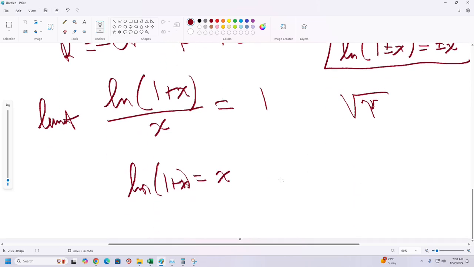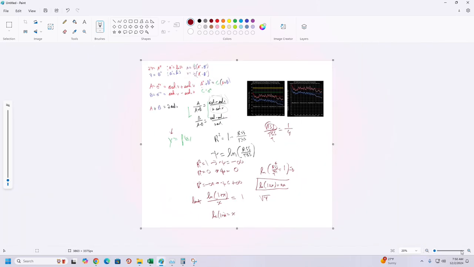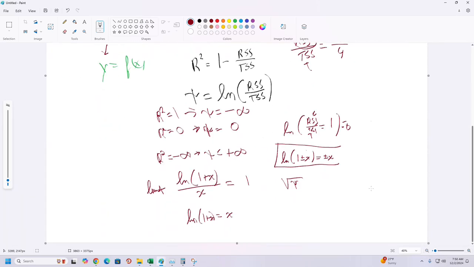Now, r squareds can only be positive numbers in general, but they could be negative if you take the constant out. The thing that we're going to have, though, is that since the RSS over TSS will always be a positive number, right?